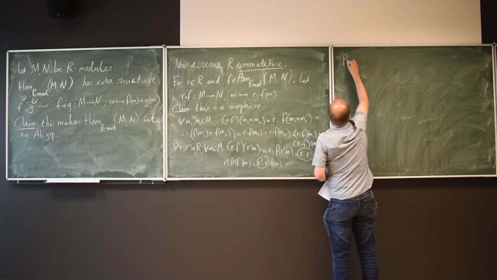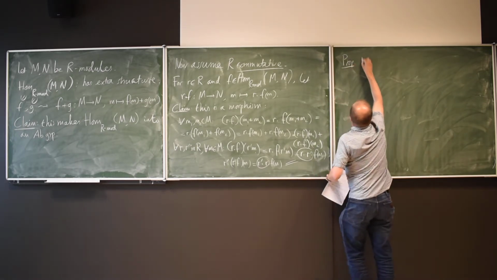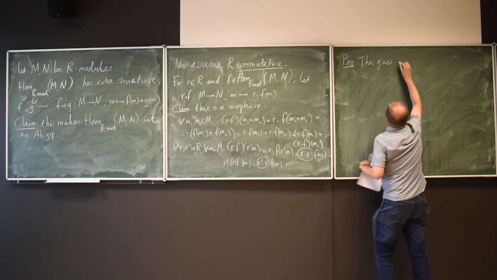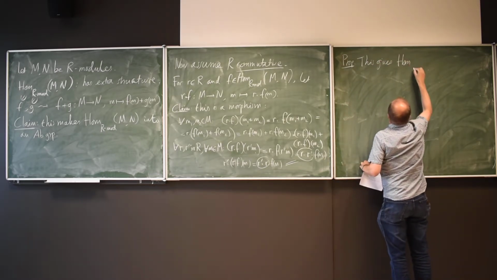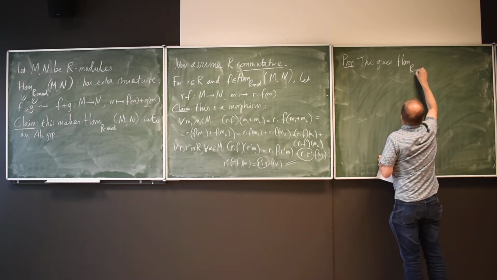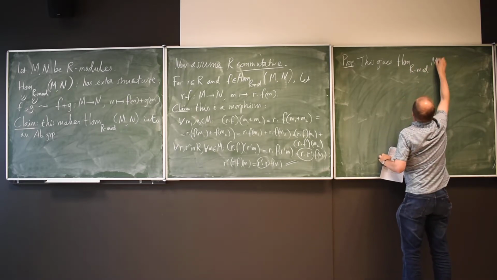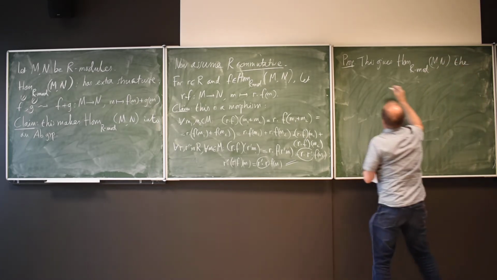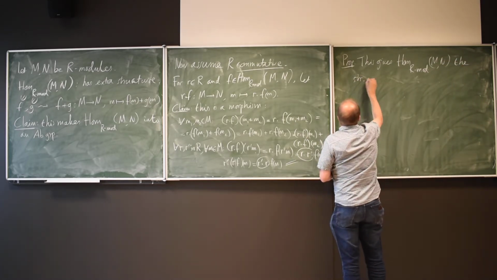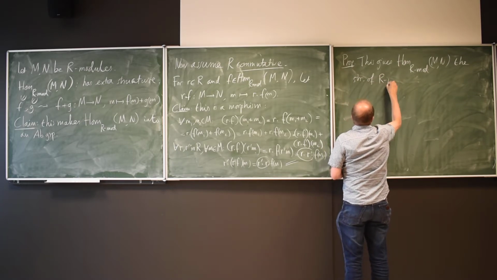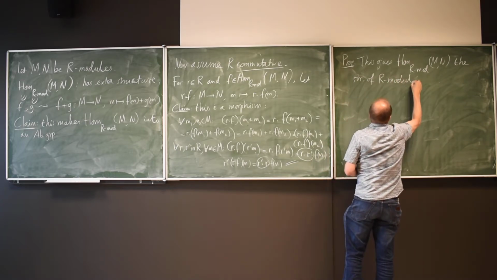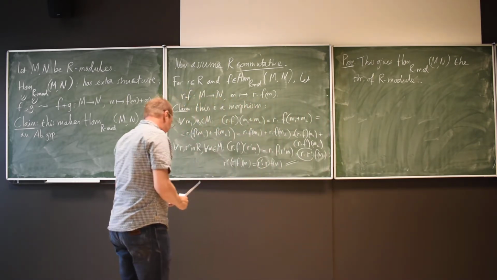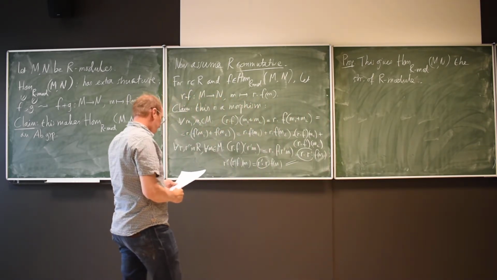So, proposition: this gives Hom in R-Mod of M, N the structure of an R module.